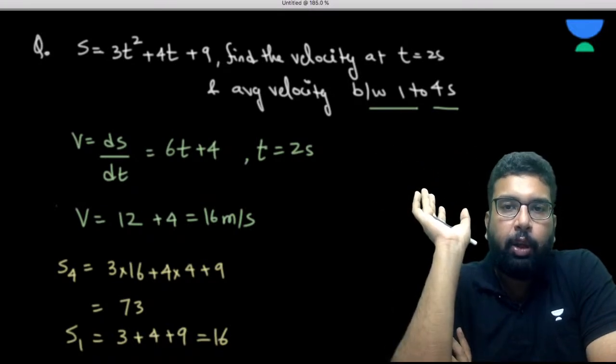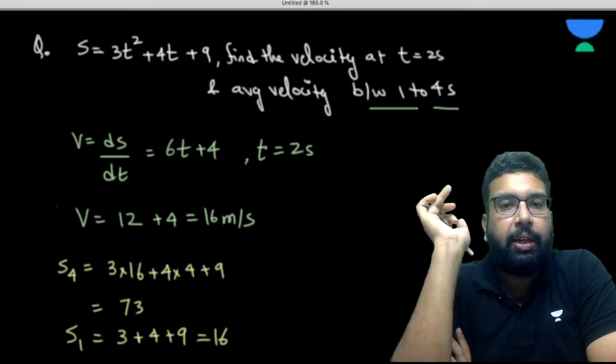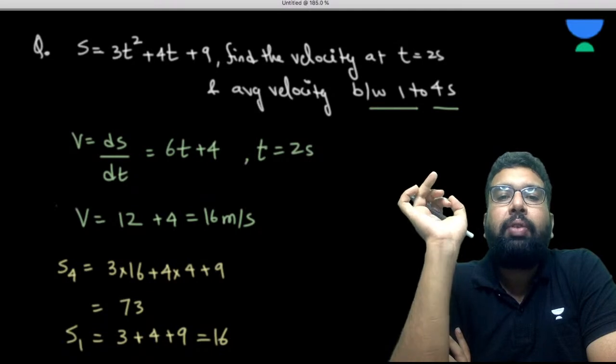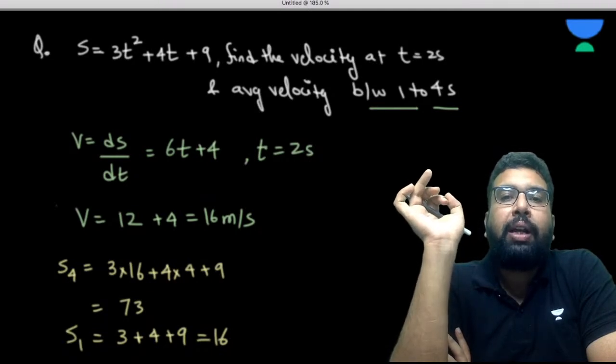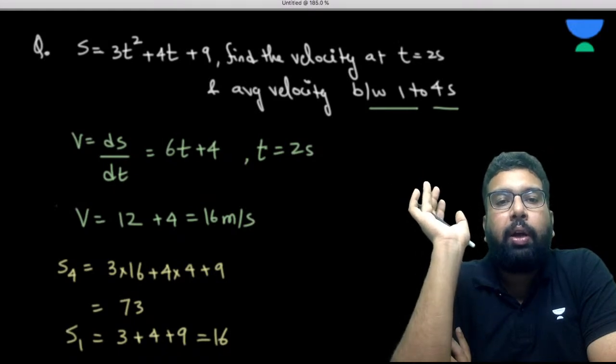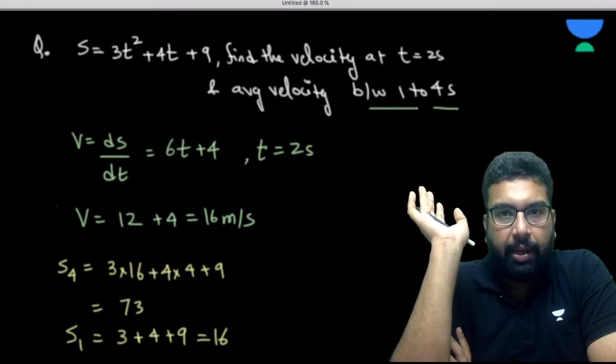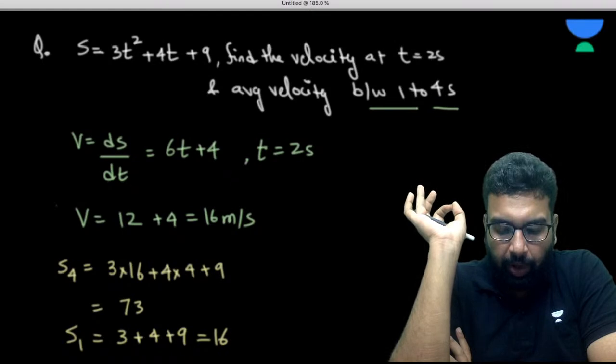When we differentiate, ds by dt is going to be 6t plus 4. This is v. To find the velocity at t is equal to 2 seconds, you put 2 here, and you get the velocity as 16 meter per second. So this is the instantaneous velocity.